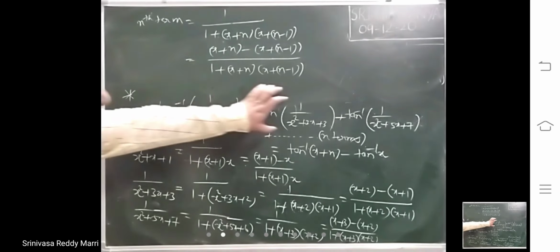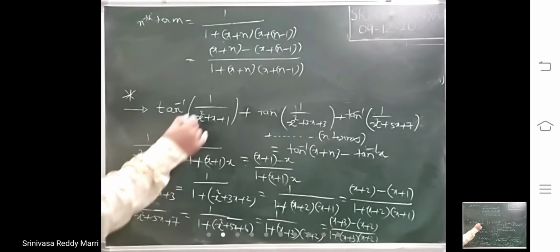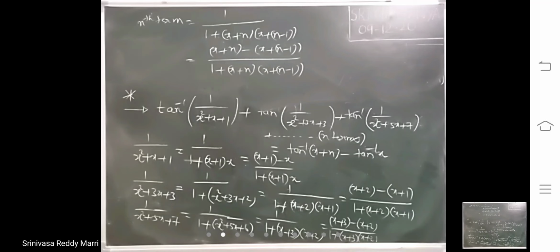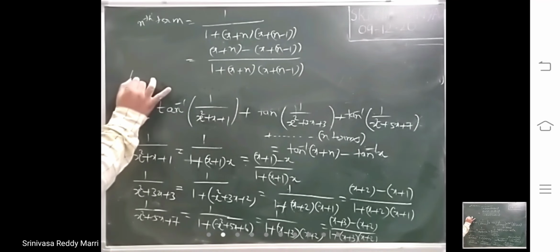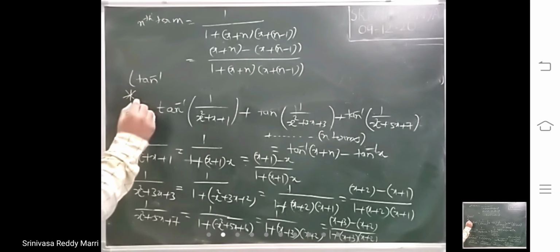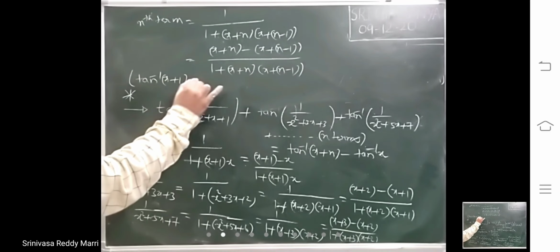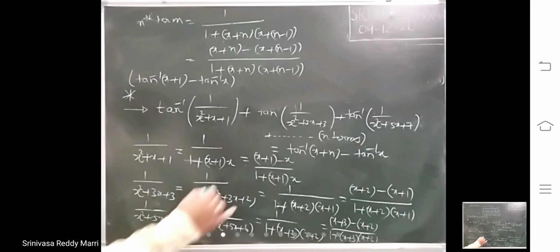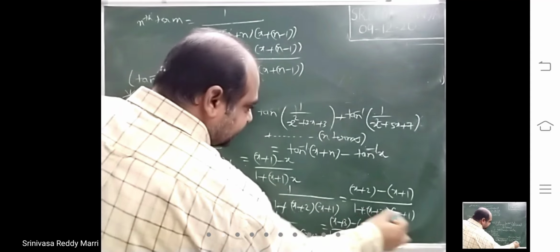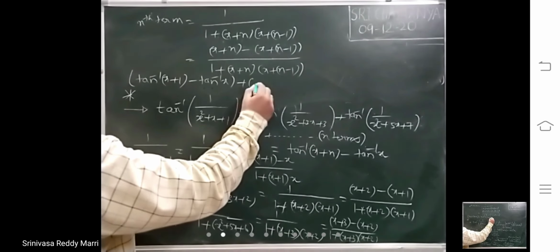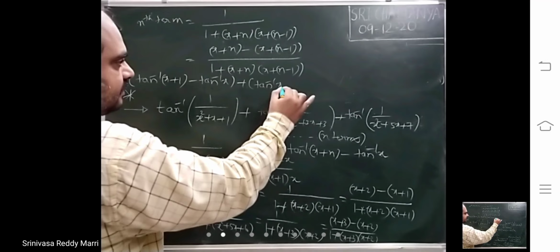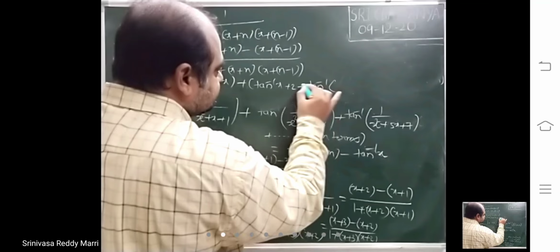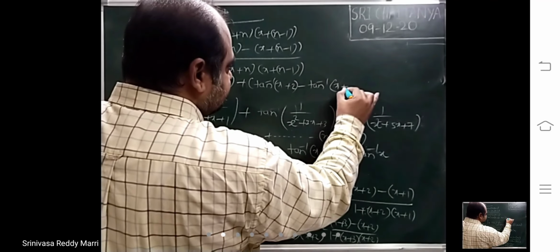Now inside tan inverse, I have converted everything. Now look at tan inverse, this means this one. Tan inverse of x minus y divided by 1 plus xy, first one I am writing like tan inverse (x plus 1) minus tan inverse x. Next, tan inverse (x plus 2) minus tan inverse (x plus 1).